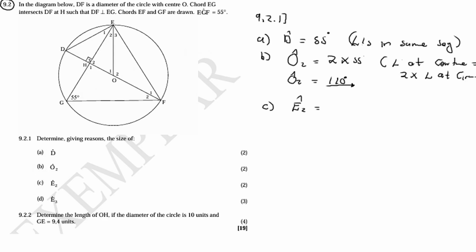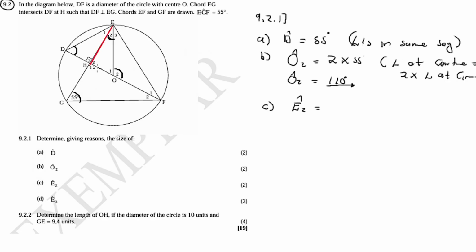So for C, they want us to calculate E2. I have O2, and I have 55. Just think about it for a moment. I already have the answer, but I want you to think about it before I give it to you. You can pause the video, do the calculation, then resume the recording and see how we get it.